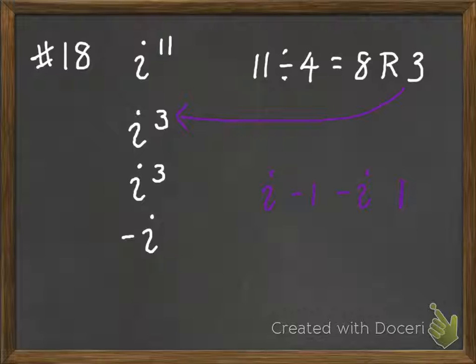So in this case, it cycled through 8 times, but it didn't land at the end of the next cycle. It landed just one short. It landed at i to the power of 3. And i to the power of 3, if you look at the purple, here's the pattern again, that is negative i. So the answer to this problem is negative i.